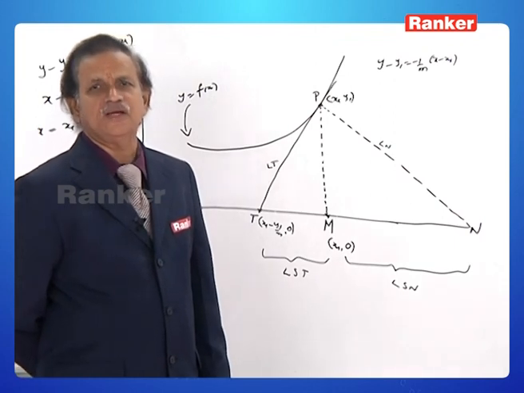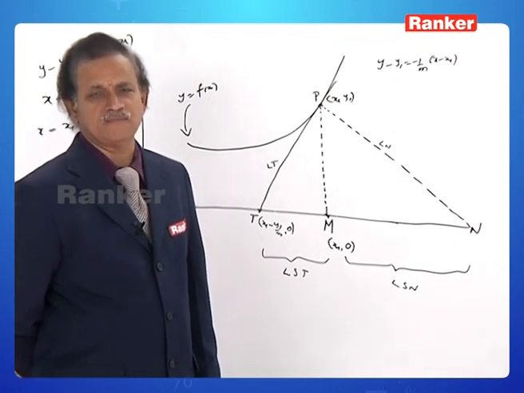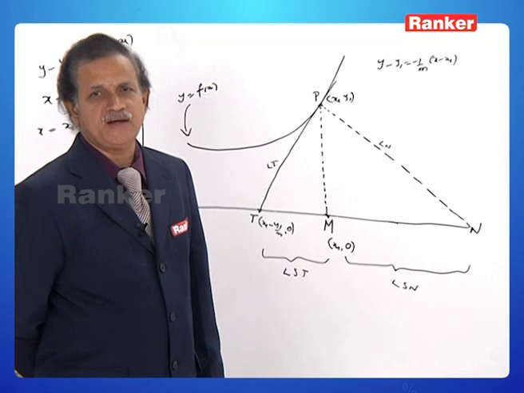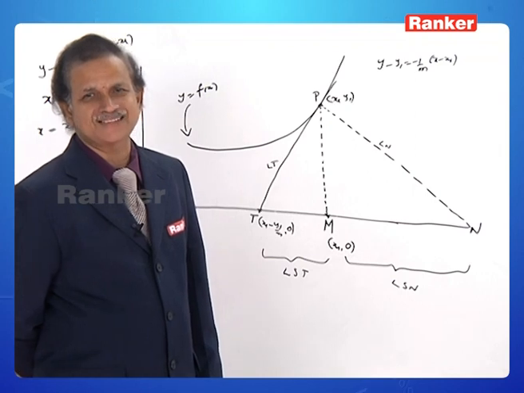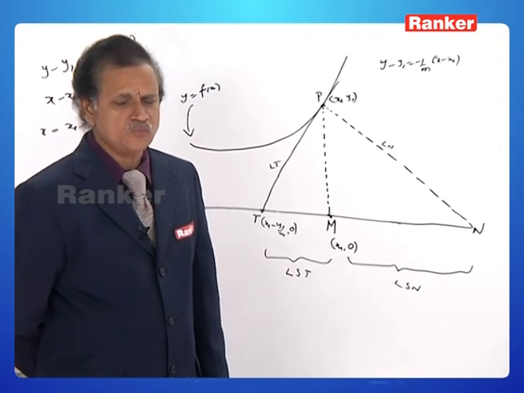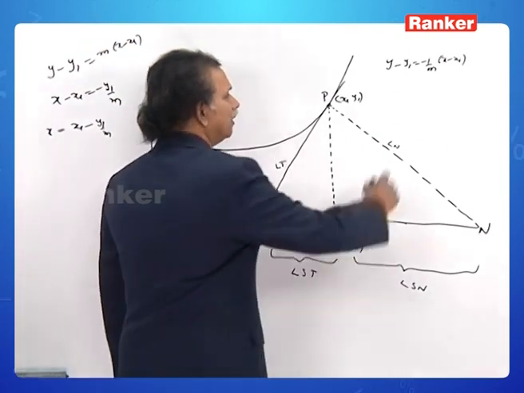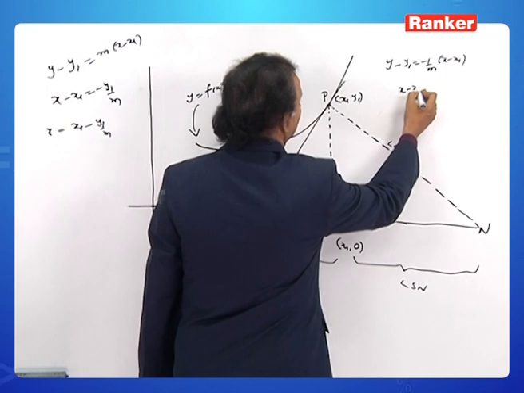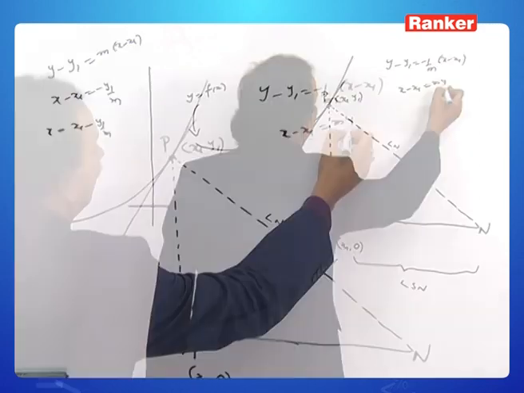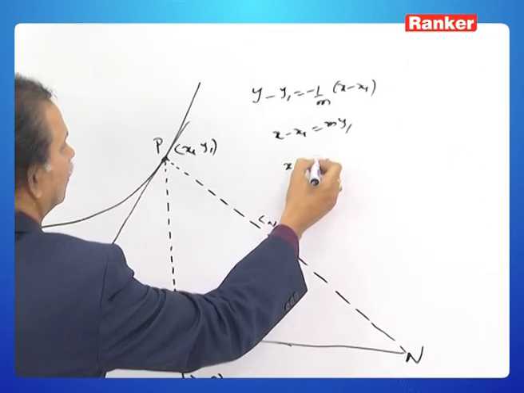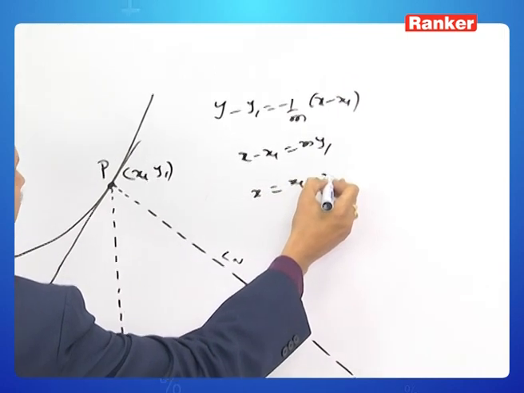You try to find the point where the normal meets the x-axis, and on the x-axis, y is equal to 0. You take y is equal to 0. What happens? X minus x1 is equal to m y1, or x is equal to x1 plus m y1.